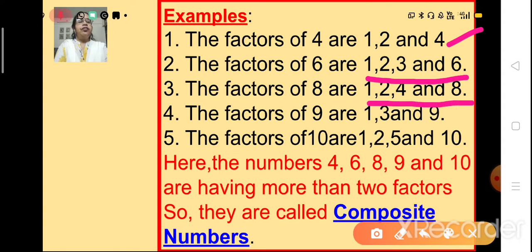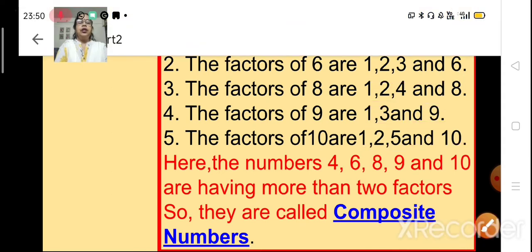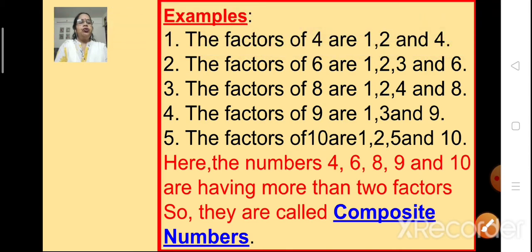The factors of 9 are 1, 3 and 9. 3 factors. And the factors of 10 are 4, that is 1, 2, 5 and 10. So the numbers 4, 6, 8, 9 and 10 are having more than two factors and they are called the composite numbers. The numbers which have more than two factors are known as composite numbers.